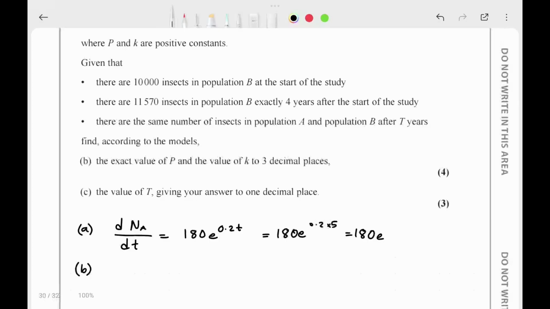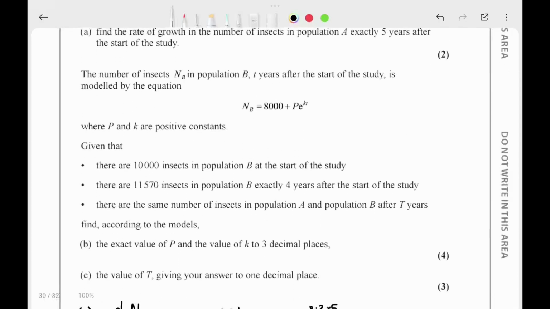Moving on to number B. The number of insects NB in population B T years after the start of the study is modeled by the equation NB is equal to 8,000 plus P e to the power kt. And these values P and K are positive constants.